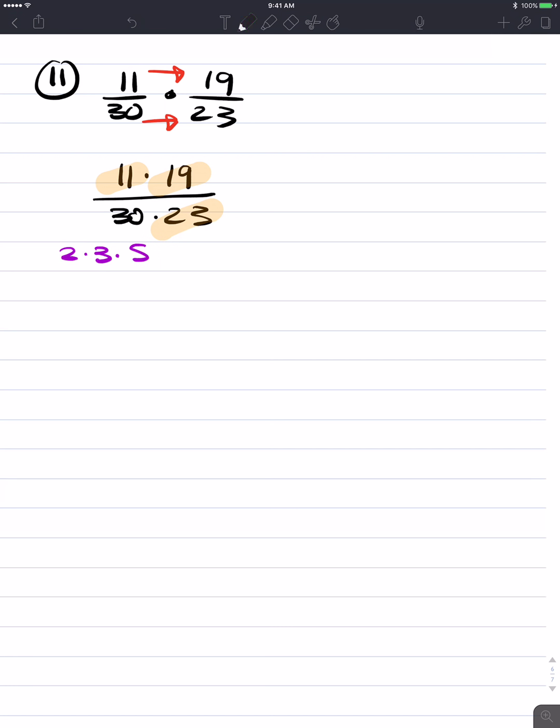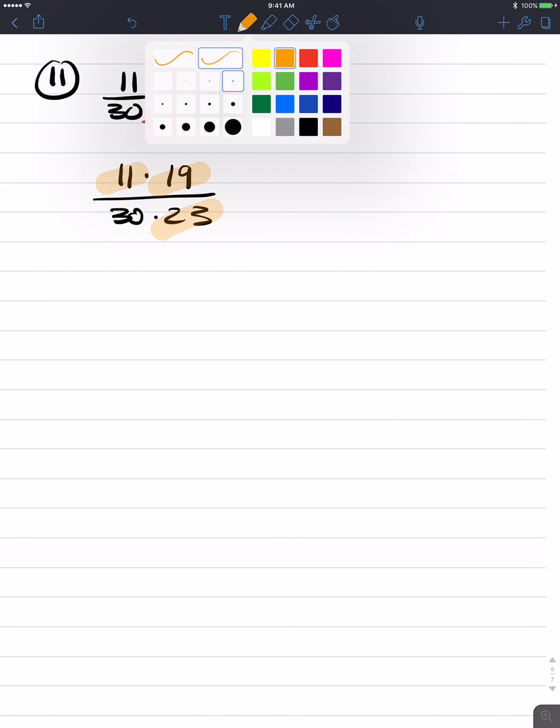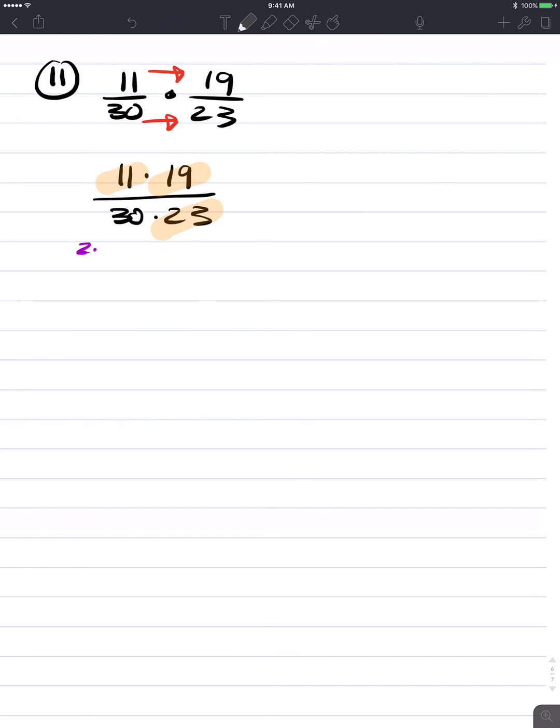If we write 30 as a product of its primes, these are all the prime numbers. 2 times 3 times 5 we replace with 30. And let's look at these primes and notice that nothing cancels.